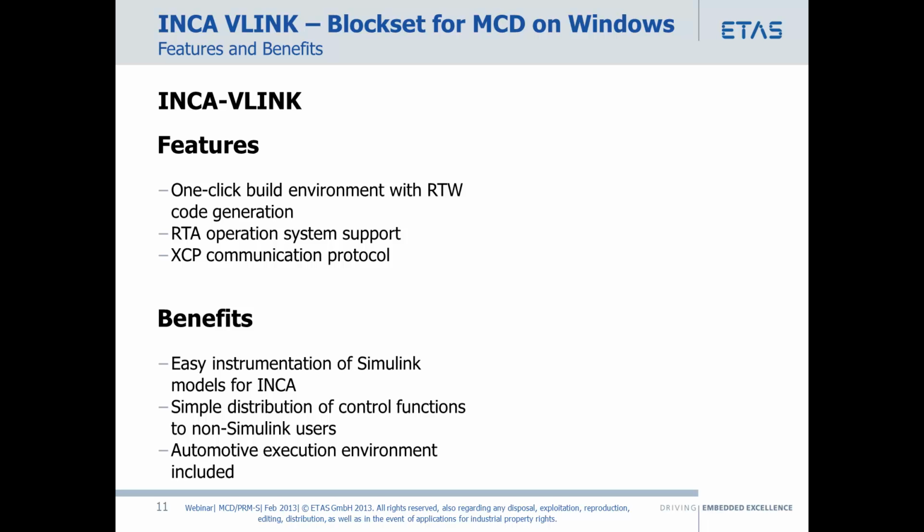In addition, it provides RTA operating system support, XCP protocol stimulation, and measurement data file as signal stimuli. It allows an easy instrumentation of Simulink models for Inca, enables a simple distribution of control functions to non-Simulink users, and provides a true automotive execution environment.